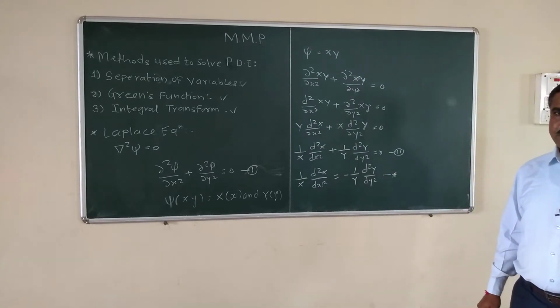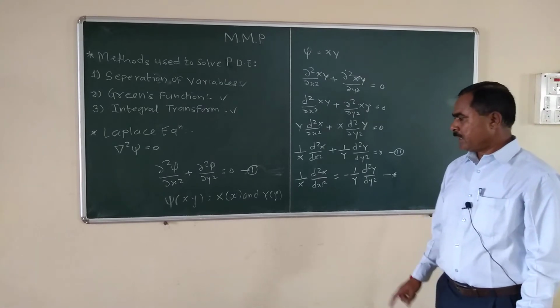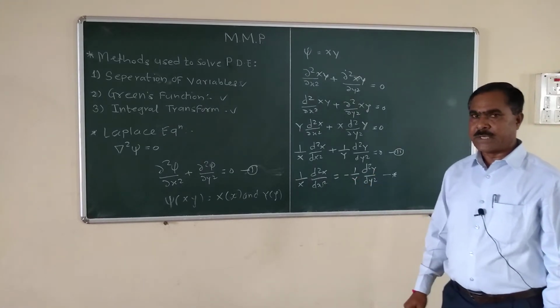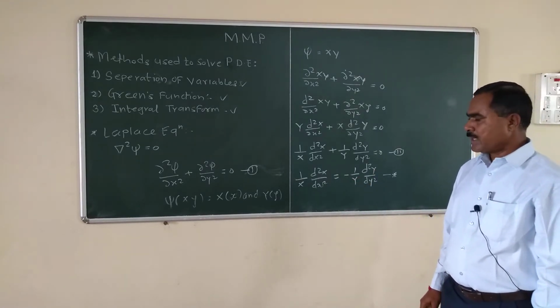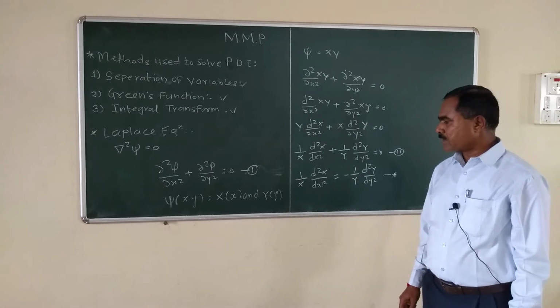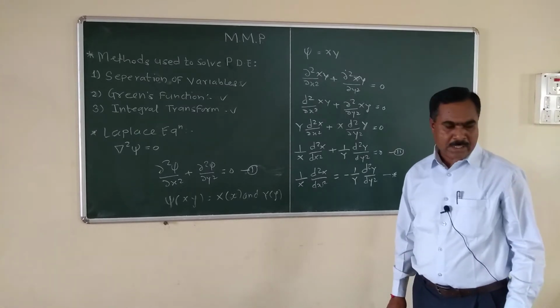Now this equation is true only when each side of this equation is equal to some constant, and we take this constant as lambda.